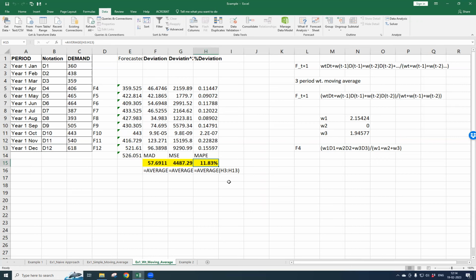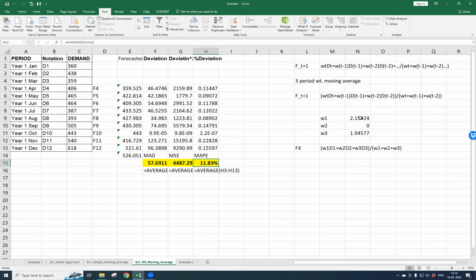Excel also gives you a near-optimal solution, and it depends upon what weights you start with. Because I started with 1, 2, 3, it might so happen that when I use 40, 47, 30 or some other values, the solution might be slightly different. So even if you get different answers when you try it out, don't be surprised, because it depends upon the starting point.